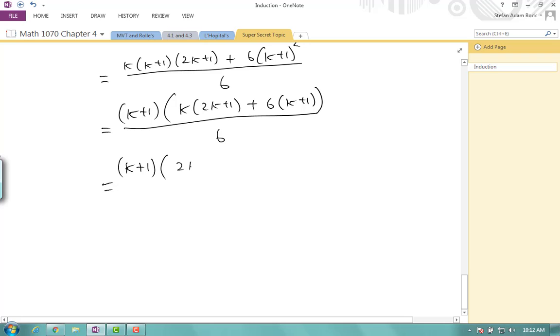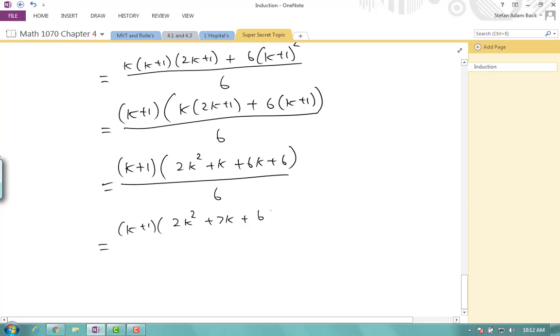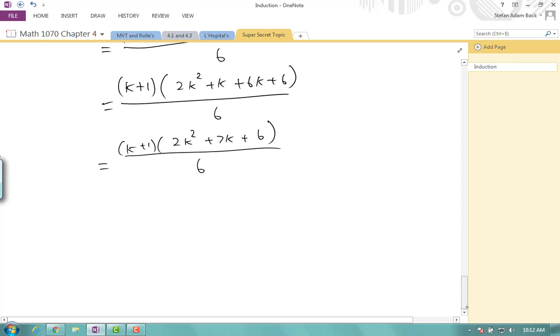I'll have 2k squared plus k plus 6k plus 6 all over 6. So this is 2k squared plus 7k plus 6. So can we factor that at all? I think we can.